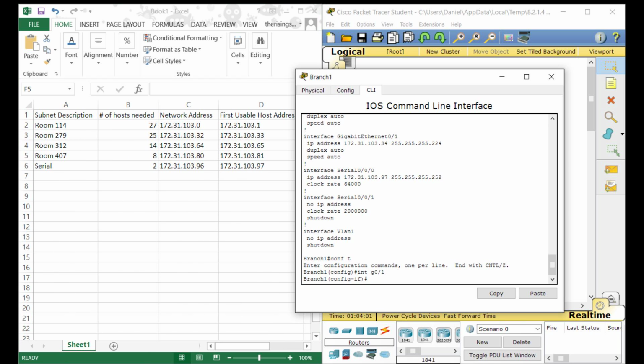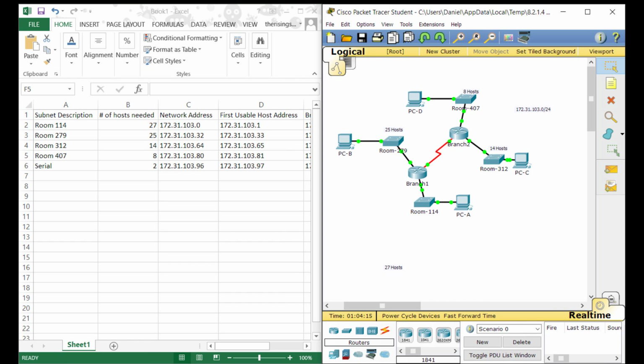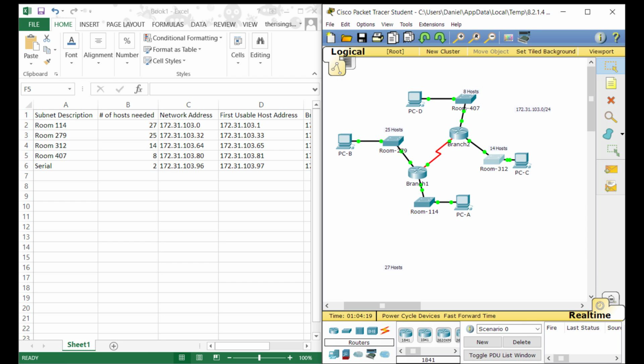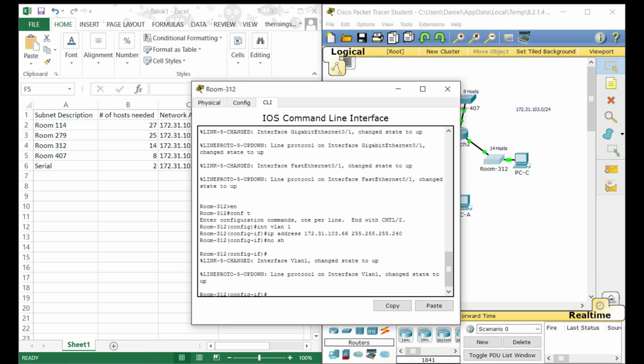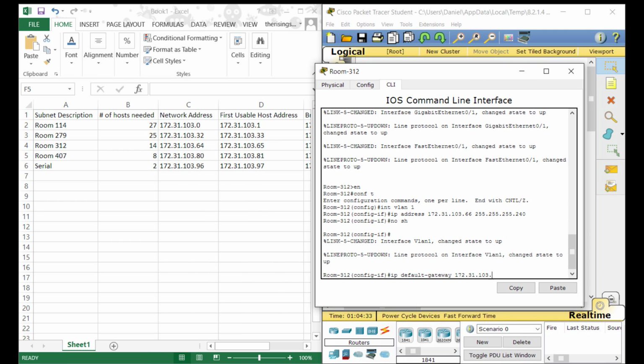Oh gosh. Ugh, one off, guys, one off. 1.33. Okay. And then we forgot to no shut this and put a default gateway, which is .65.